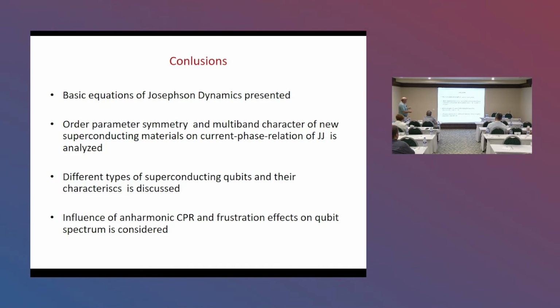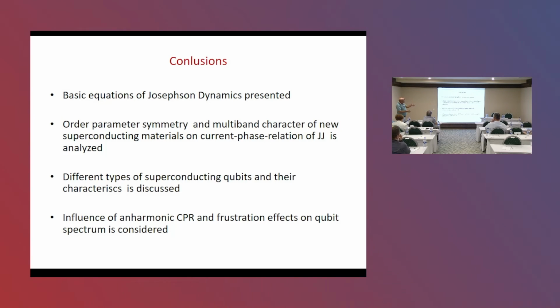And here I would like to finish my presentation, and the basic equations of Josephson dynamics are presented. Maybe it is useful for young people. Other parameters, symmetry and the multiband character of new superconducting materials should be taken into account in calculation.